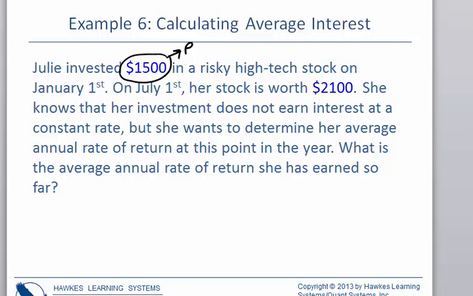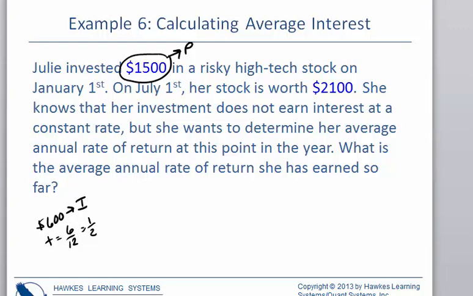So she actually earned $600 in interest. So I'm going to write that down somewhere. We know that she earned an interest of $600. We know her time, because we're looking at a time from January 1st to July 1st. That's 6 months. And so our time would be 6 months out of 12, or 1/2 year.